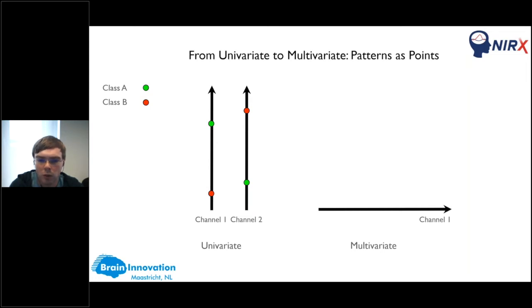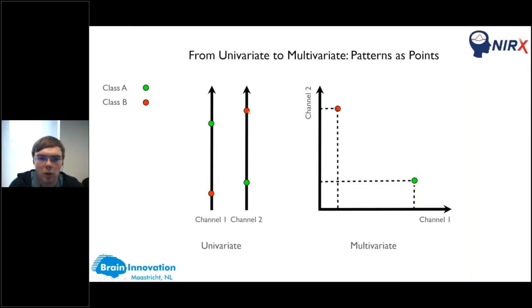So we have the possibility to plot channel 1, for example, on the x-axis and channel 2 on the y-axis. Now, if we add the class A and B parts to this multivariate plot, we would see that the first, the green dots, would have a very, very high response for channel 1 and a pretty low response for channel 2.